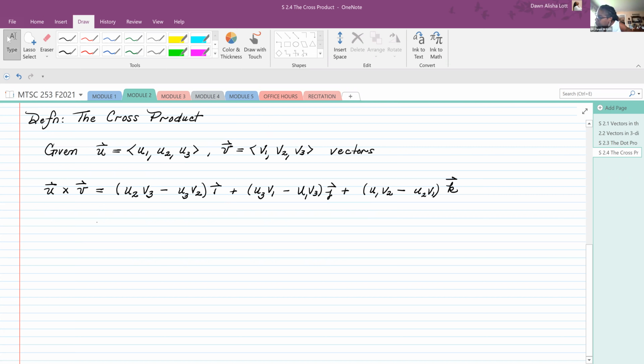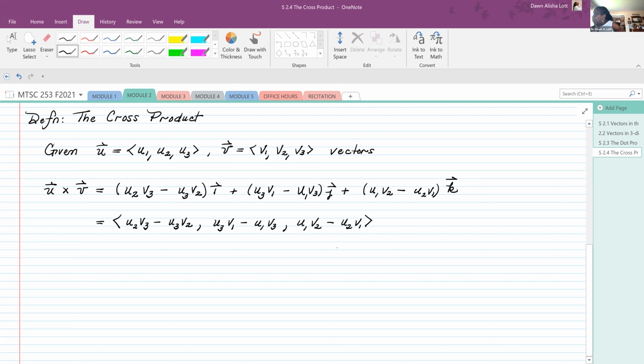So I'm going to write it the other way as U2 V3 minus U3 V2. That's the first component. U3 V1 minus U1 V3, second component, and U1 V2 minus U2 V1, third component.